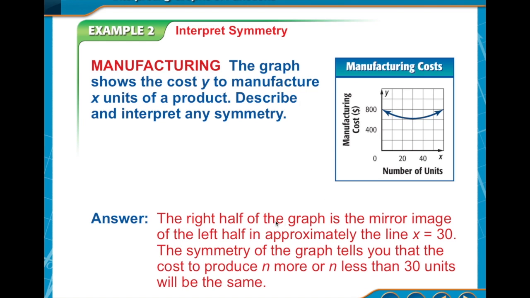We can say the right half of the graph is the mirror image of the left half at the line x equals 30. So if I redraw that line again, this is a vertical line right here. And where is this line? It's at the value 30 for x, in between 20 and 40. So this is the line x equals 30.